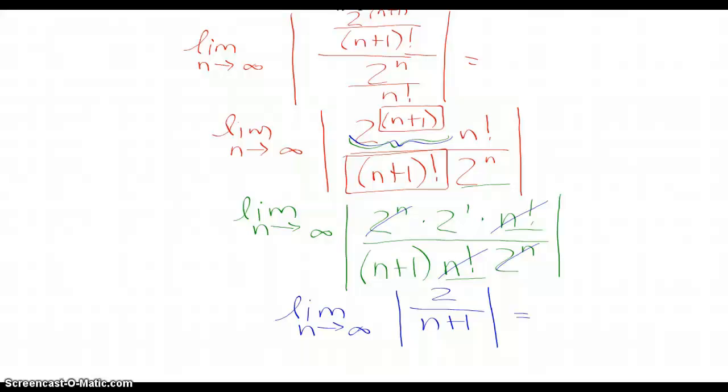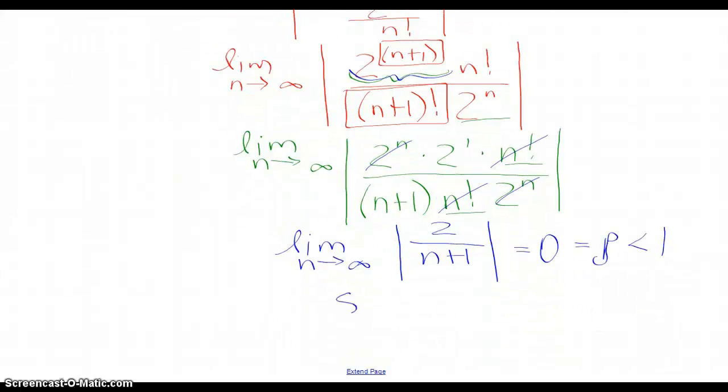I can actually evaluate this. 2 over huge is tiny, that's 0. So rho, and that's what rho looks like, some fancy p, rho is 0. Rho is less than 1. When rho is less than 1, my series converges.